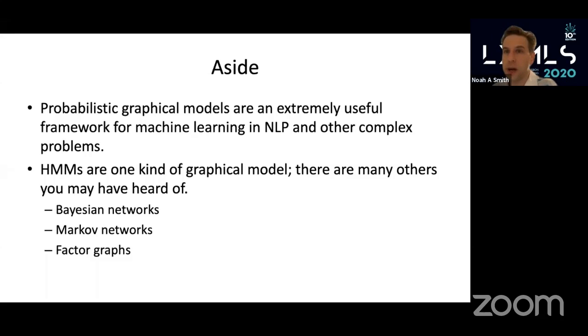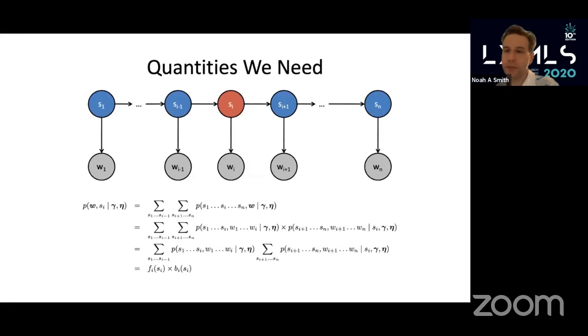I think the two fit together nicely, and that's a really fruitful and active area of research. Okay, back to our problem. Remember, we want to find the distribution over values for state I, conditioned on the words, and summing out over the values for all the other possible states.